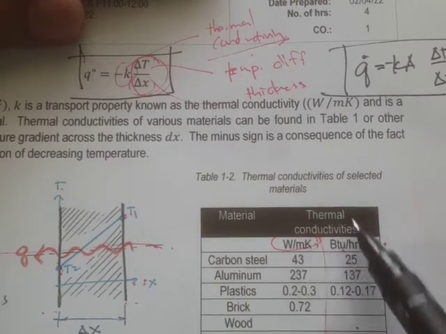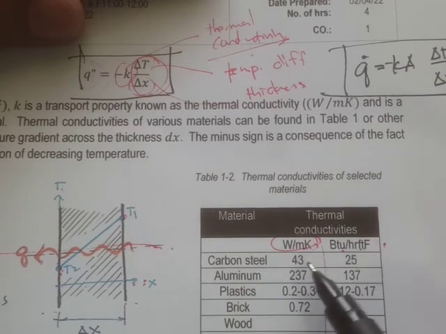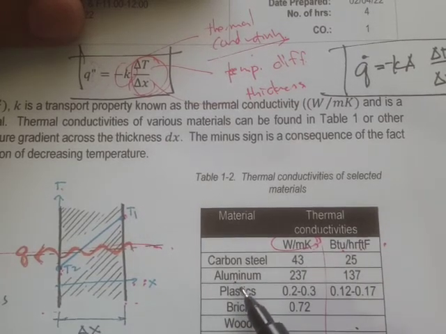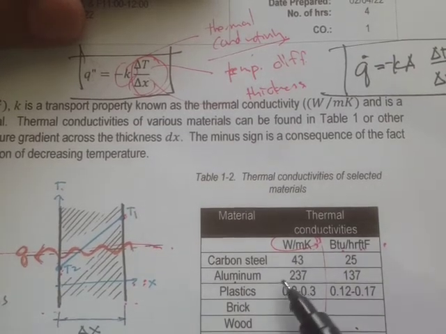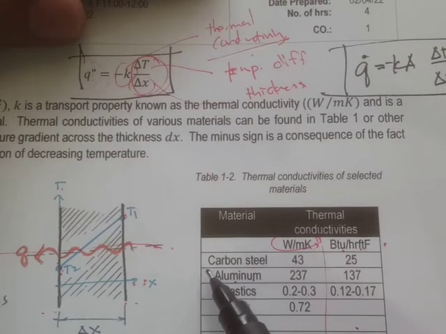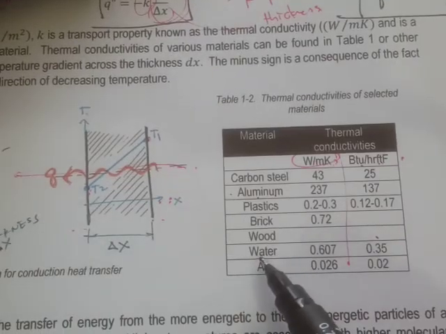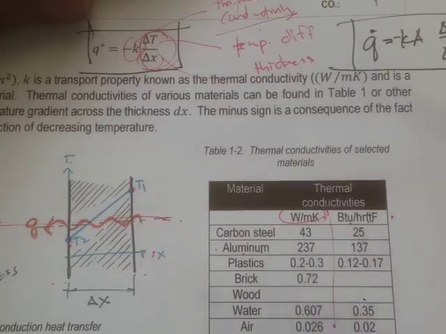So aluminum can transfer heat faster than carbon steel. I've also included the values for water and air: this is 0.6, this is 0.026, while aluminum is 237.